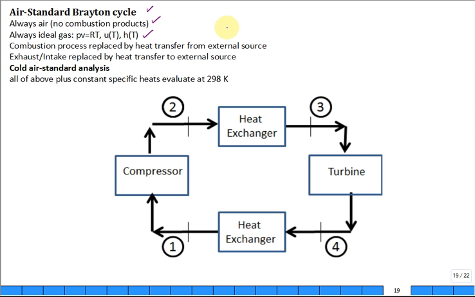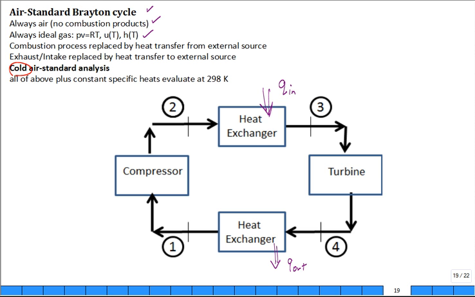The combustion is replaced by a heat transfer in a heat exchanger from an external source, Q in, and the exhaust and intake are replaced by Q out, just a heat transfer. You can also add the cold air standard analysis, where you're saying everything has constant specific heats at atmospheric temperature, 25 C, or close enough to 300 Kelvin.